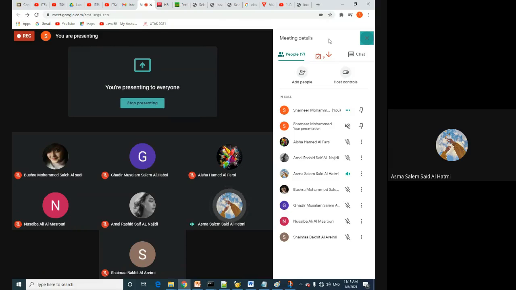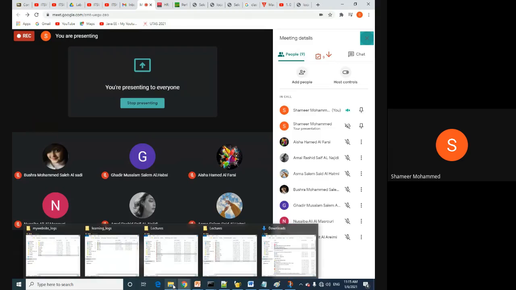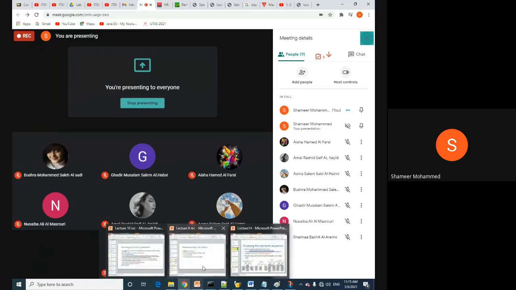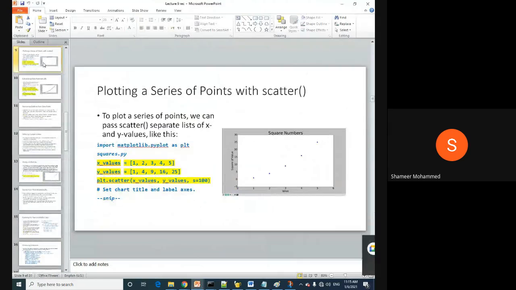Will you give us the same as the lecture? I will give you the question. You do the program and display the output. For example, in this data visualization, you have different types of graphs: scatter graph, line graph.